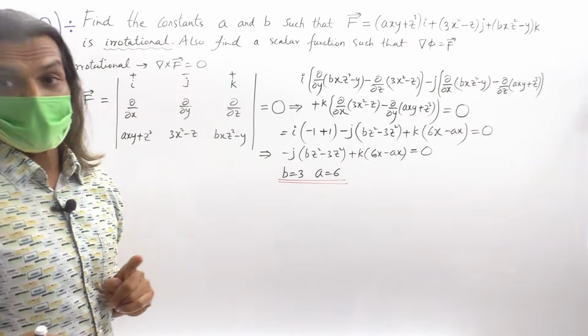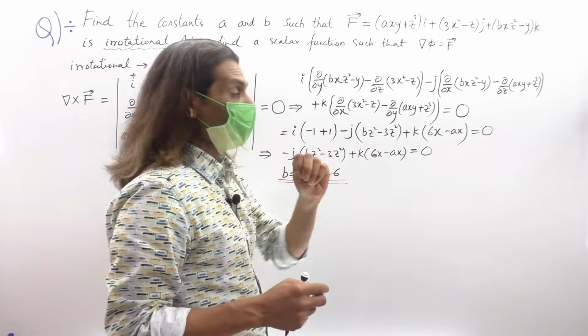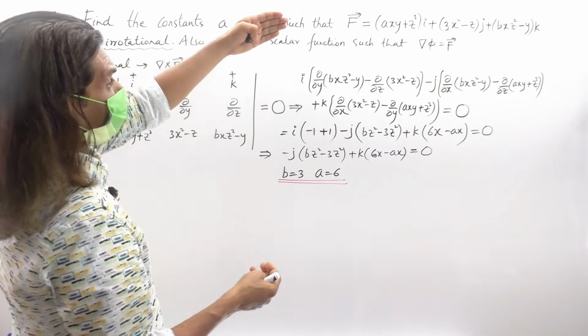Now the next part is find a scalar function such that del phi is equal to f. So putting a as 6 and b as 3, I will write this equation here.